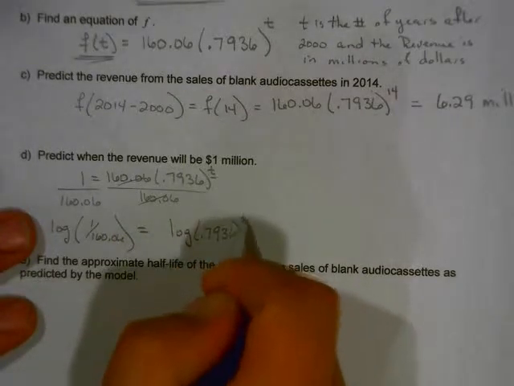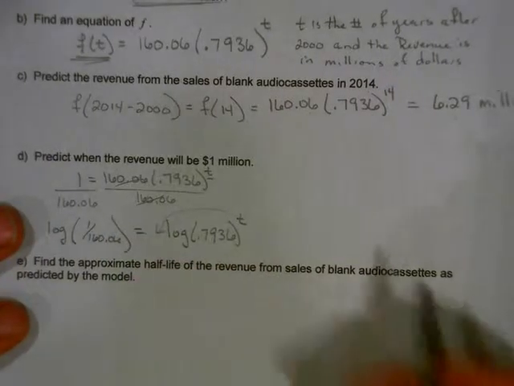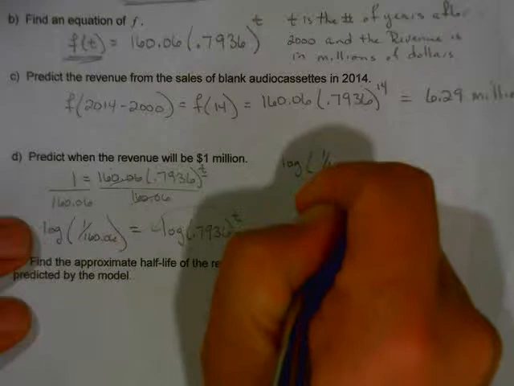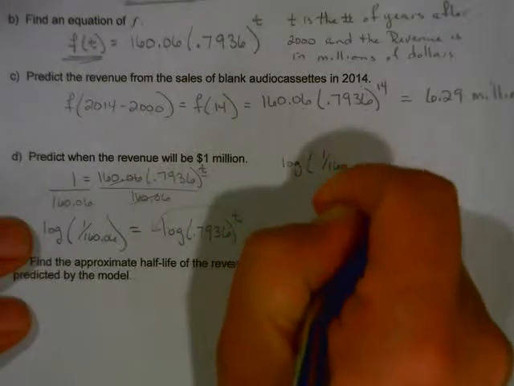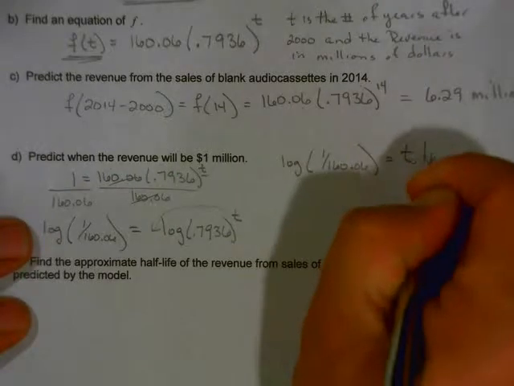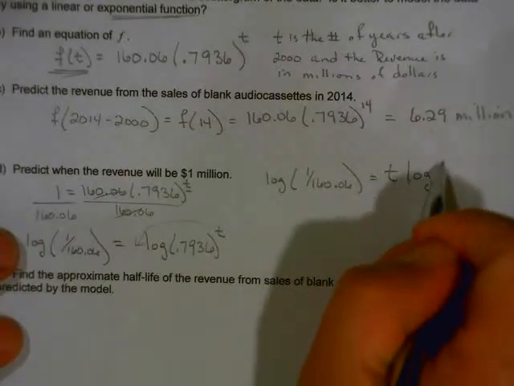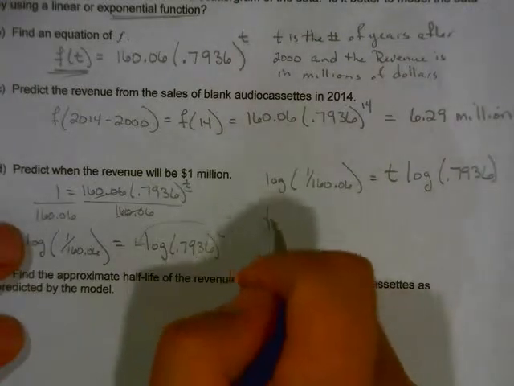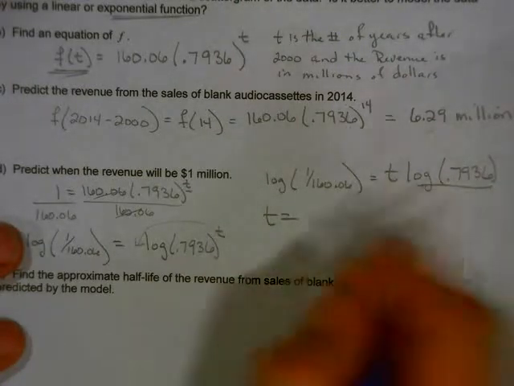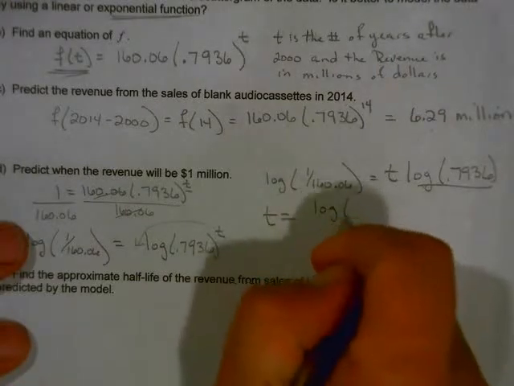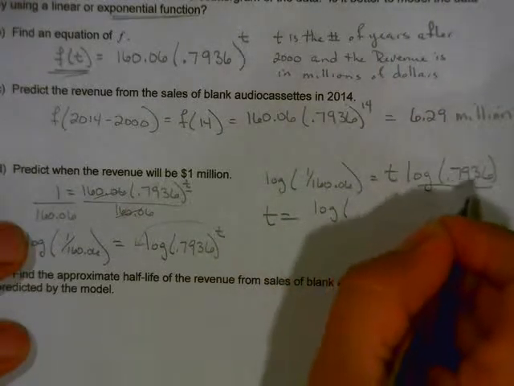0.7936 to the t. So this exponent can come down. So we have log of 1 divided by 160.06 equals t log of 0.7936. So t equals, so we're going to divide both sides by log of 0.7936.